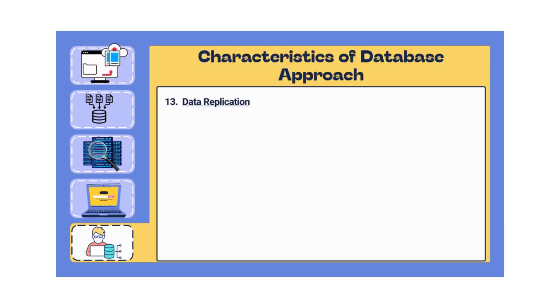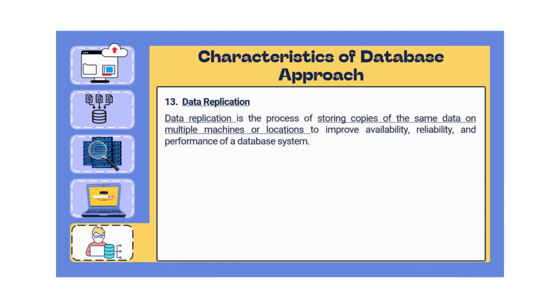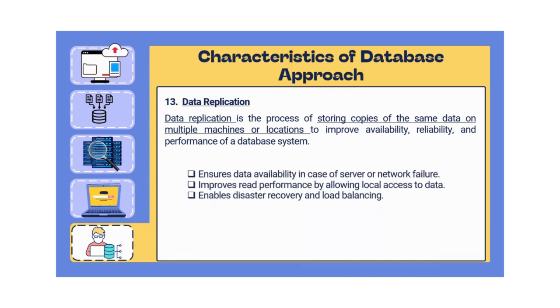The last characteristic of database approach is data replication. Data replication is the process of storing copies of the same data on multiple machines or locations to improve availability, reliability, and performance of the database system.